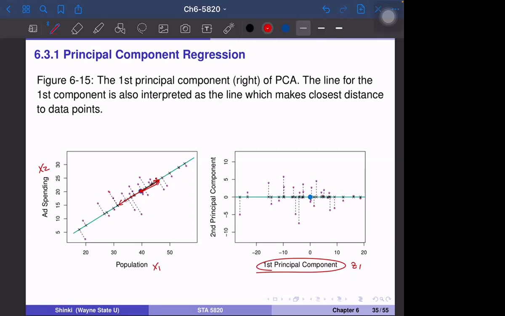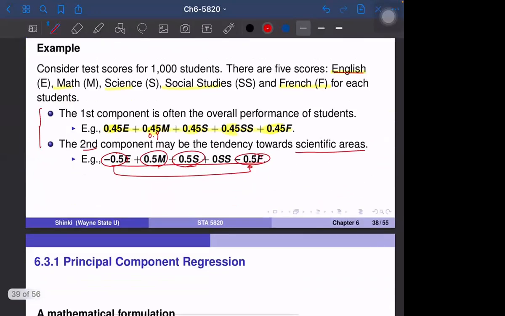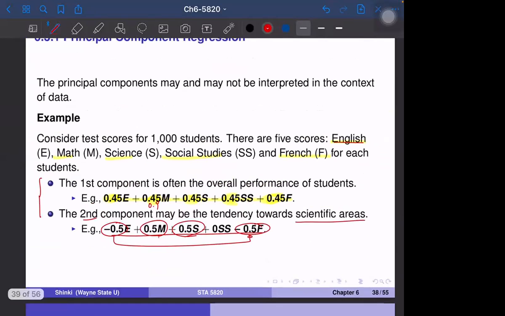So Z1 should have the largest variance, Z2 should be orthogonal to Z1 and have the largest variance, and so on. So these are automatically determined, and sometimes we can interpret them, sometimes we cannot.